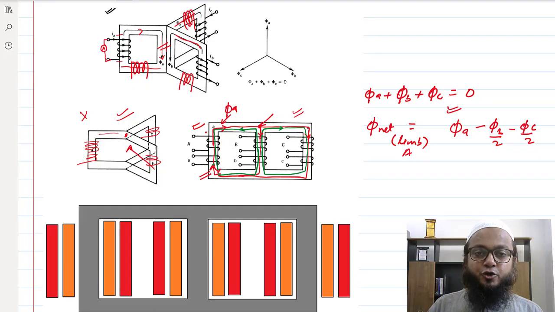Okay. And assuming that the net reluctance is 0 and the permeability is infinite, then if you calculate this magnitude, it will come out to be, I think, 3 by 2 of phi m.